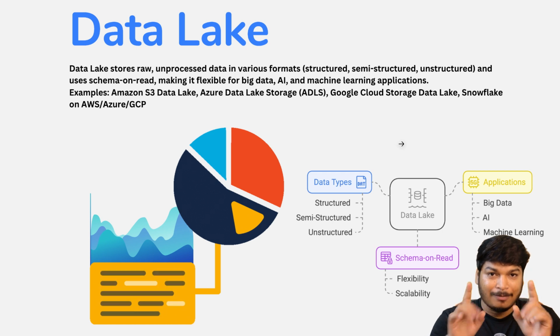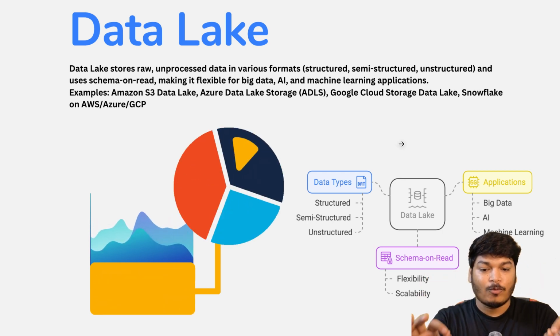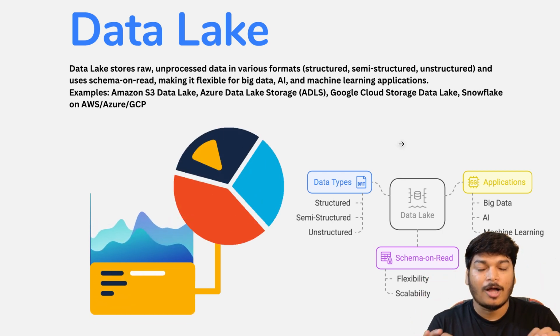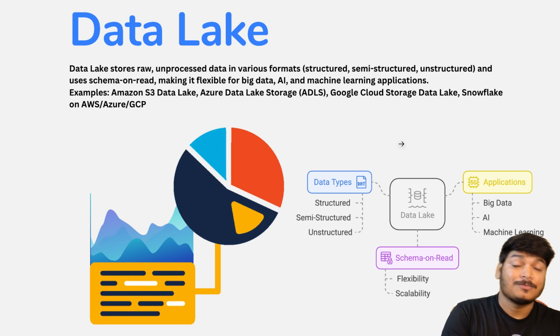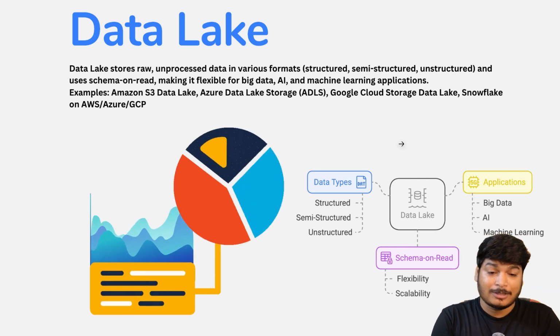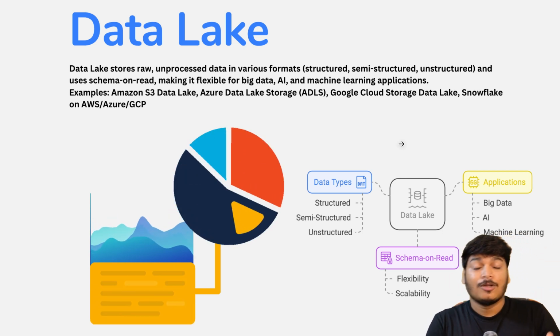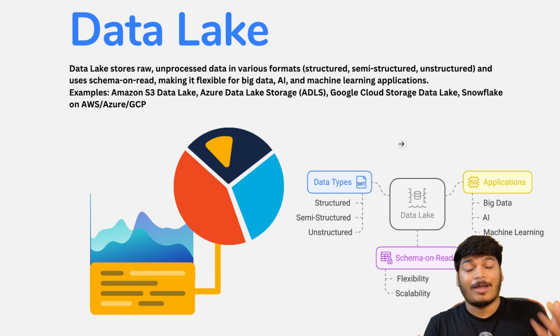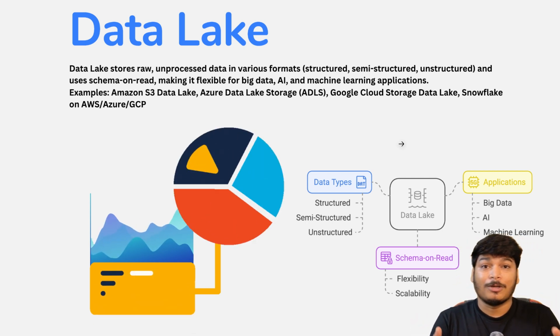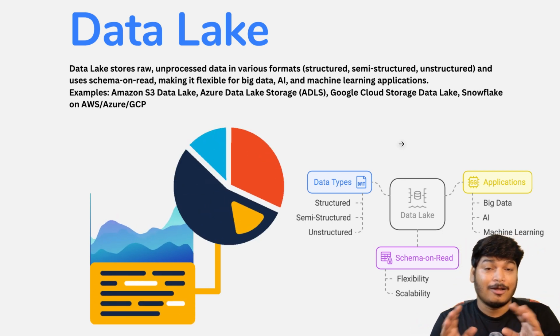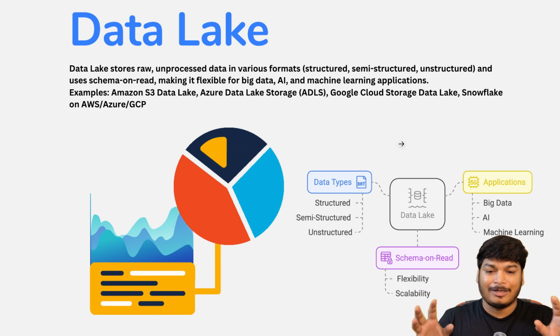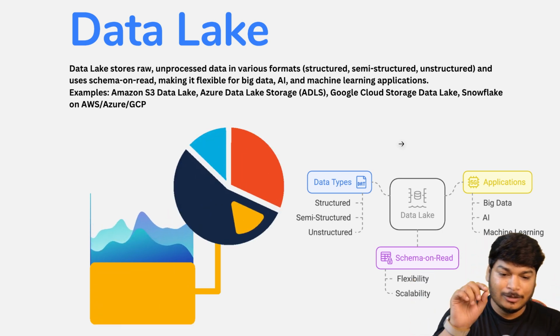Main thing, in a data lake you store raw, unprocessed data: structured, like DB tables; semi-structured, for example JSON or YAML data; unstructured, like log files and text files. Any kind of data can be stored in a data lake. That is what we call the data lake.